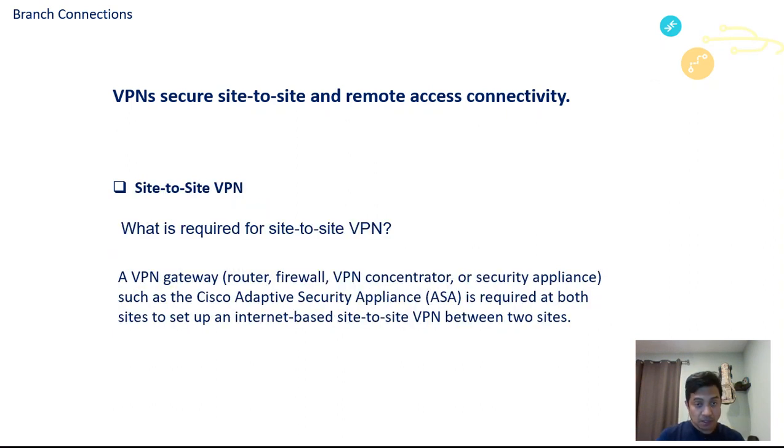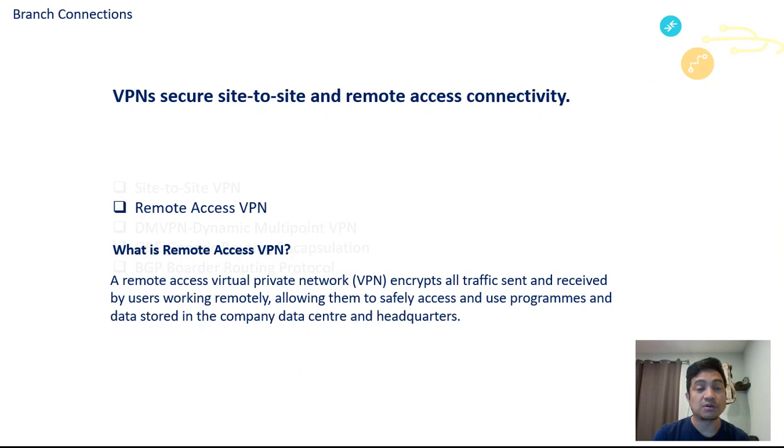So ASA is a type of appliance which has security features. To secure the communication between two offices, both ends install the ASA or firewall. Okay, so let's go to remote access VPN.